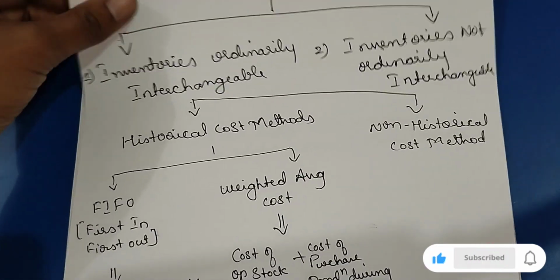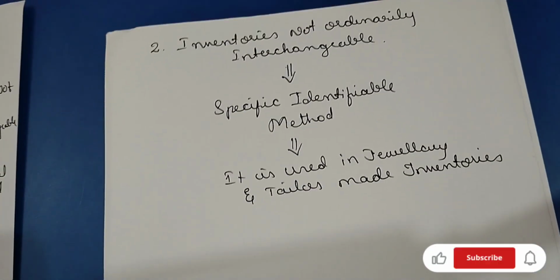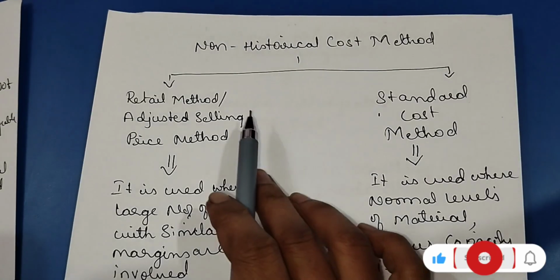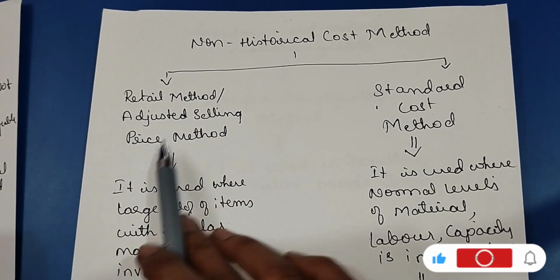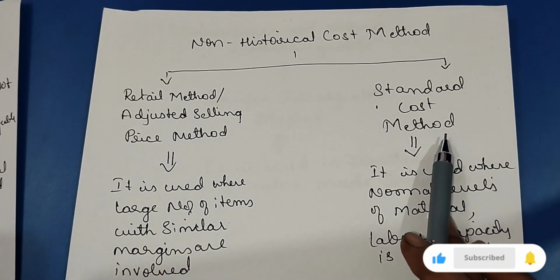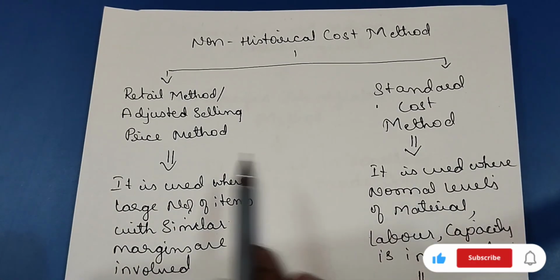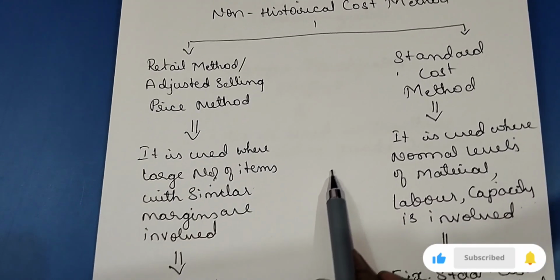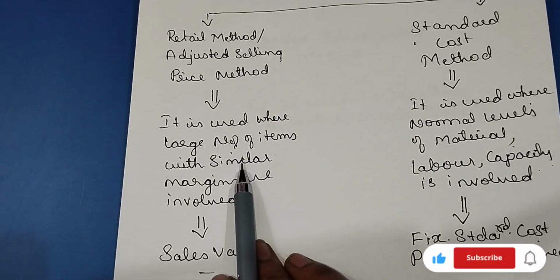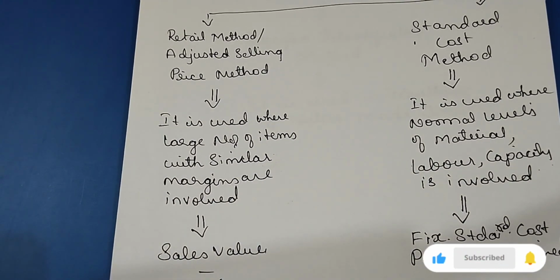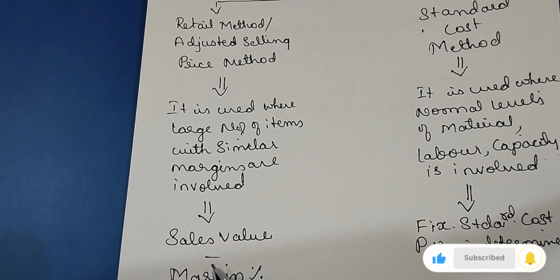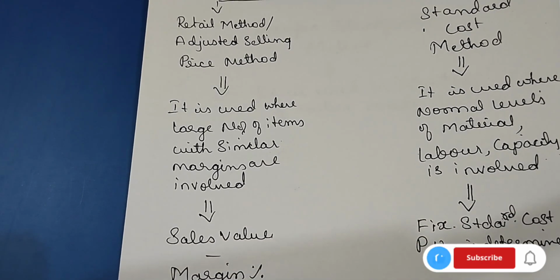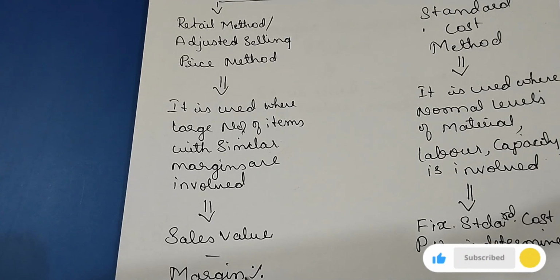When it comes to non-historical cost method, we have retail method or adjusted selling price method, and standard cost method. Under retail or adjusted selling price method, we use it when we are purchasing items in large numbers. There we take the total sales value minus the margin percentage, whatever profit we have kept.